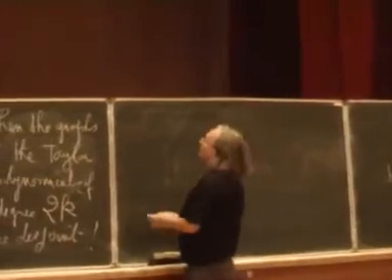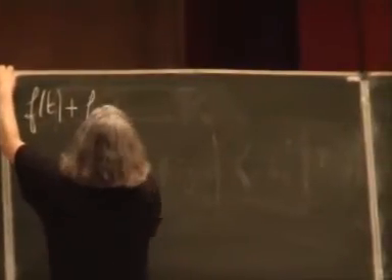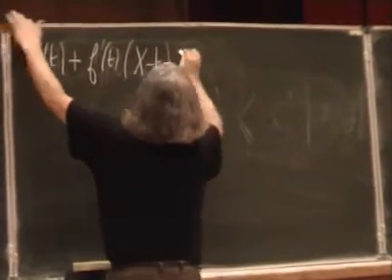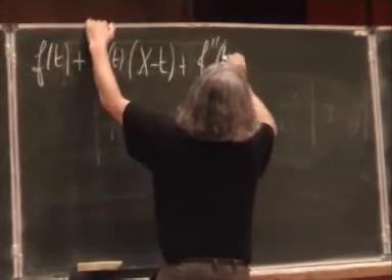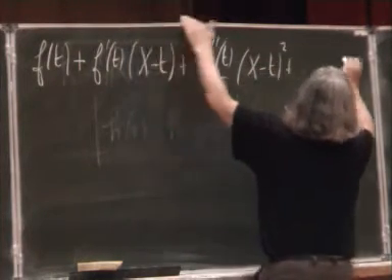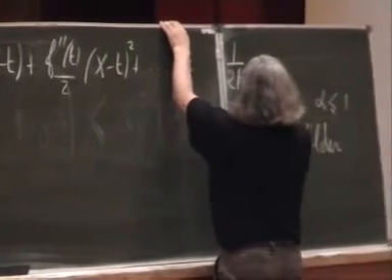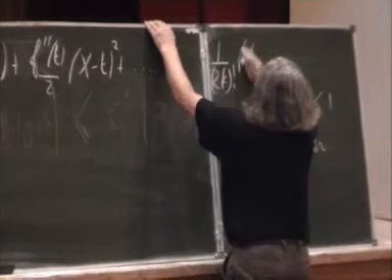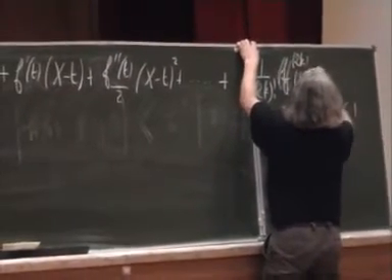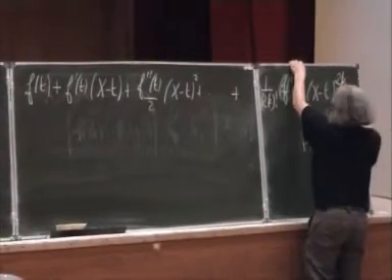So I should take the polynomial, which is f of t plus f prime of t times x minus t plus and so on.